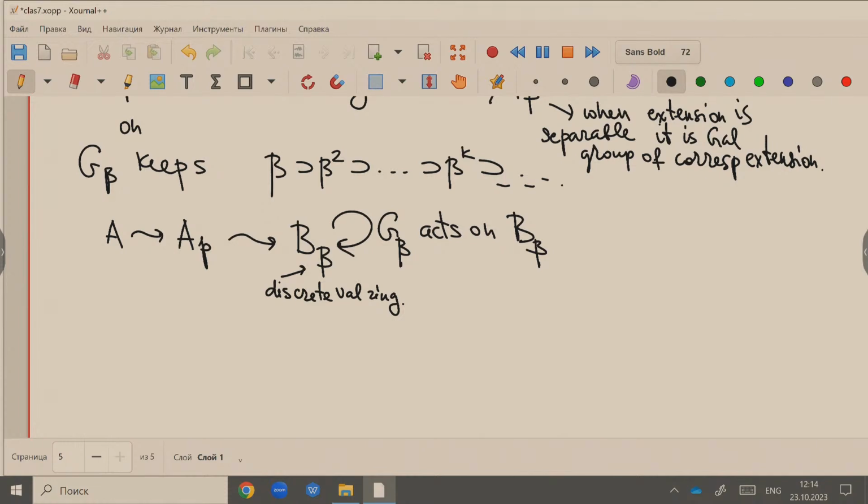So the Galois group of B beta over A P, of the corresponding fraction fields, is the decomposition group.